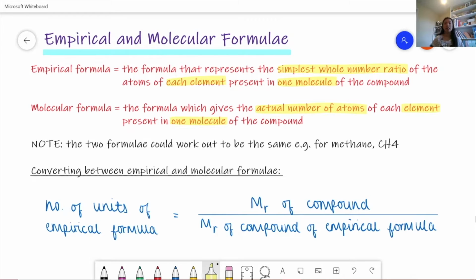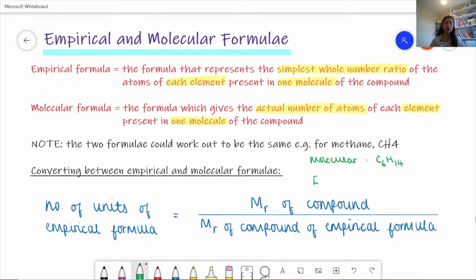However, if we look at something like hexane, so that's C6H14, if we have C6H14 as the molecular formula, we can actually find a smaller whole number ratio.